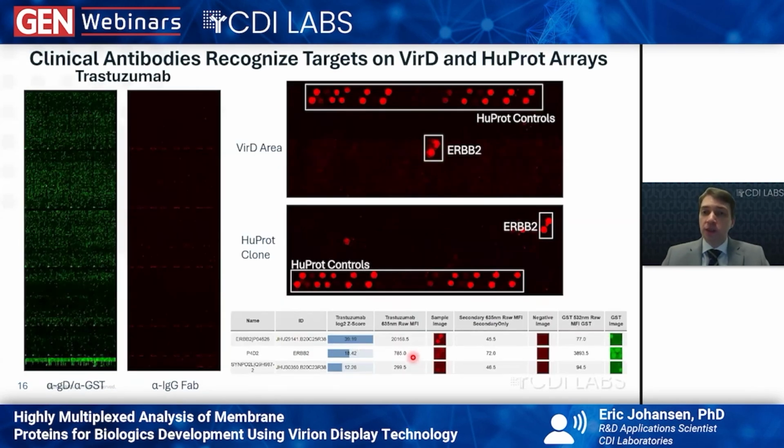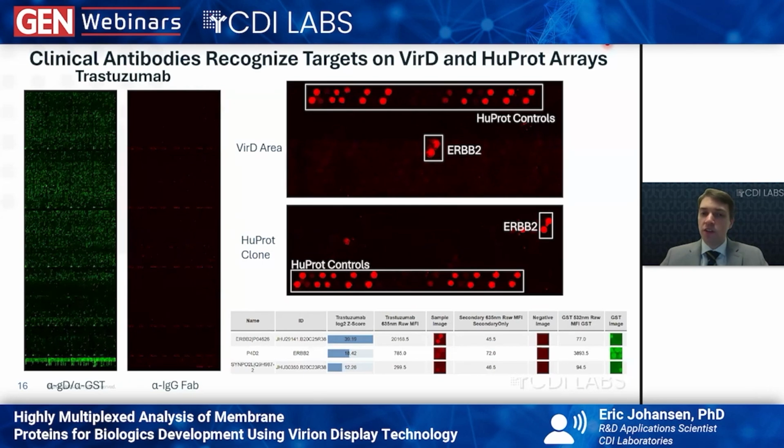When testing trastuzumab, we see that there is binding in 2 areas, both on our HuProt express clone, being a purified N-terminal GST protein, and that is expressed as part of the virus particles. For PD1, the only area that showed binding was on the virion display area.